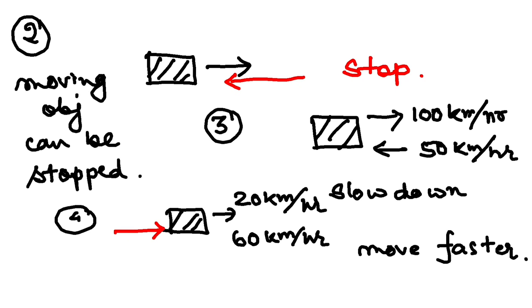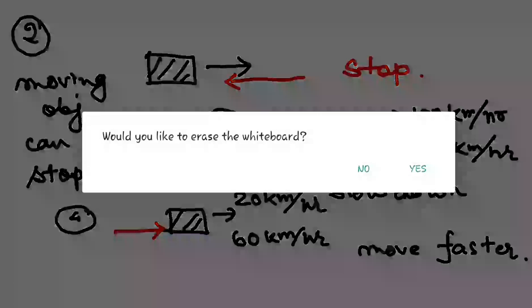All right. Point number one was to set it in motion. Number two, can be stopped. Number three, can be slowed down. Number four, can be made to travel faster. Then the fifth one is regarding direction. Let's say this object is initially traveling in this direction.